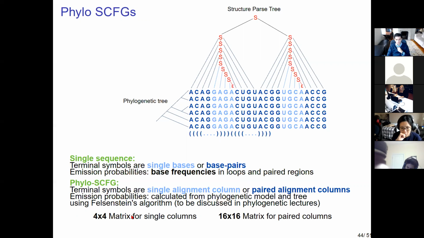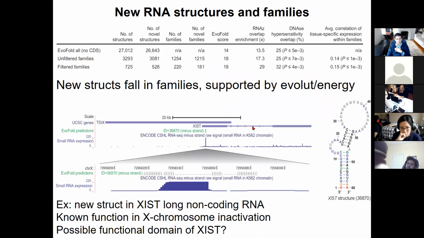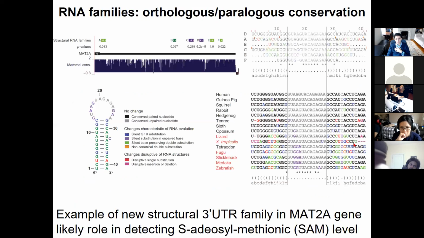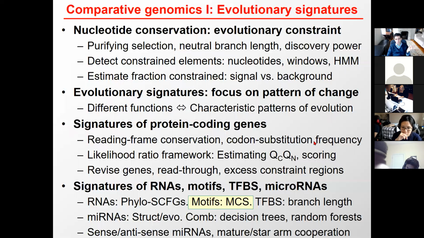So instead of having a 4x4 matrix for single columns, for paired columns, we have a 16x16 matrix that is trained on known RNA structures and then applied to look for evolutionary sequences that evolve in the same way. So using these, we can now go and search for new RNA structures and families. We can basically find families with paralogous conservation when these are actually conserved in multiple locations and so on and so forth. So that's for phylogenetic stochastic context-free grammars as a way to discover RNAs.